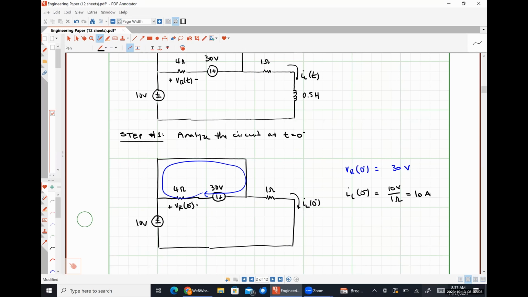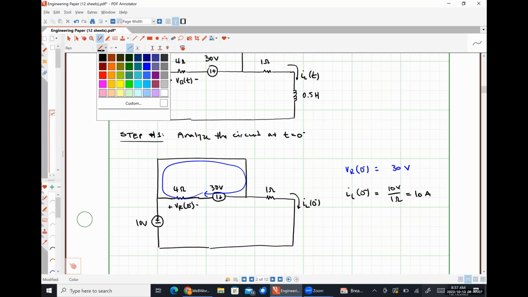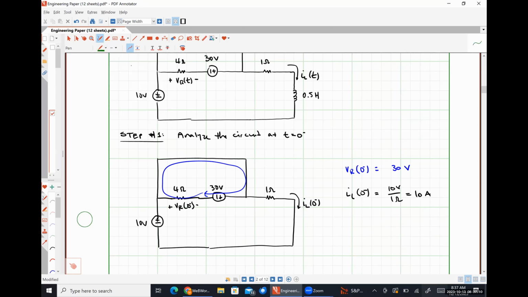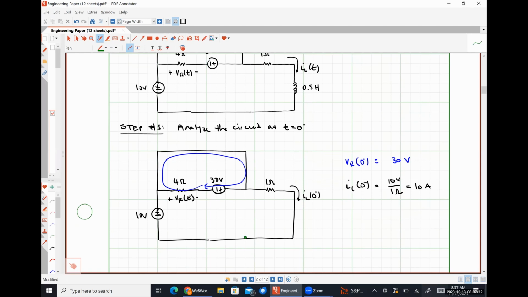So let's pretend we were doing nodal analysis here. The bottommost node is ground. What's the voltage at this node?